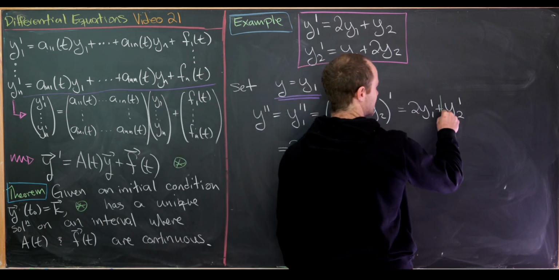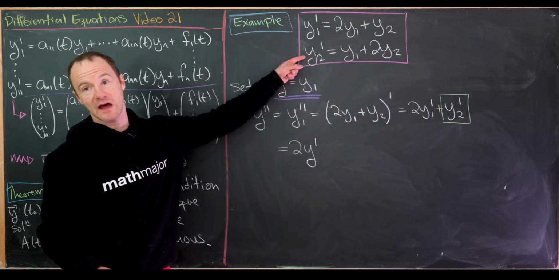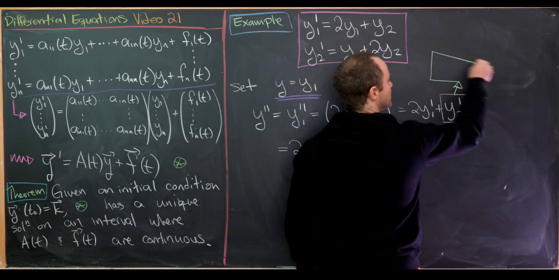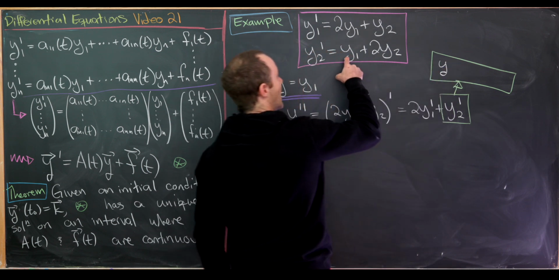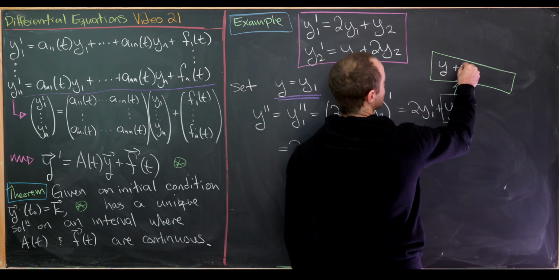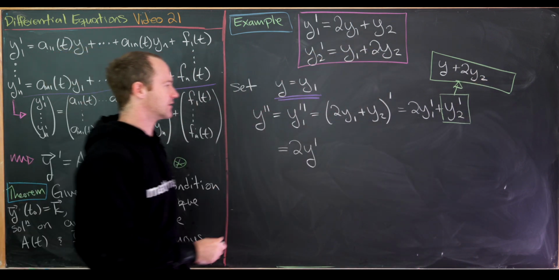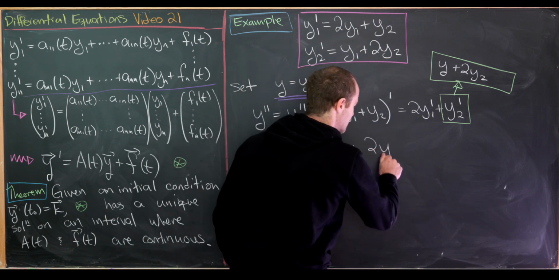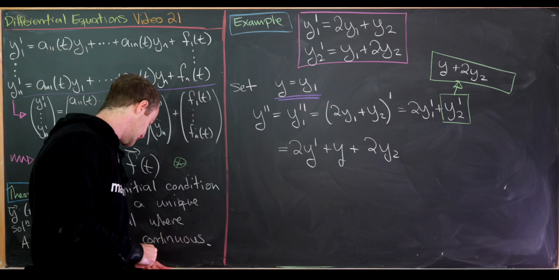And then let's start to fix this y2 prime. We can do that with our second differential equation. So let's note that this y2 prime can be rewritten as y1, which is y, plus 2y2. So let's bring that down here. So we have plus y plus 2y2.